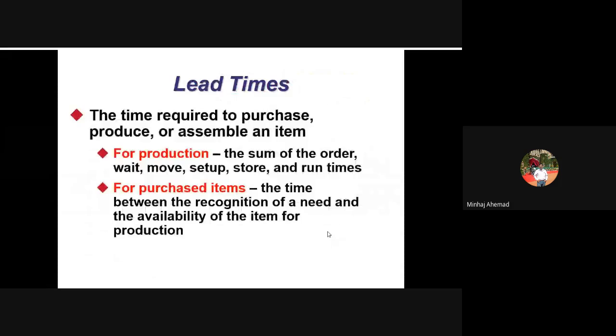And lead time is the time required to purchase, produce or assemble an item. For production, it is the sum of the order, wait, movement, setup, store, and run time of the product. Then for a purchased item, it is the time between the recognition of a need and the availability of the item for production.